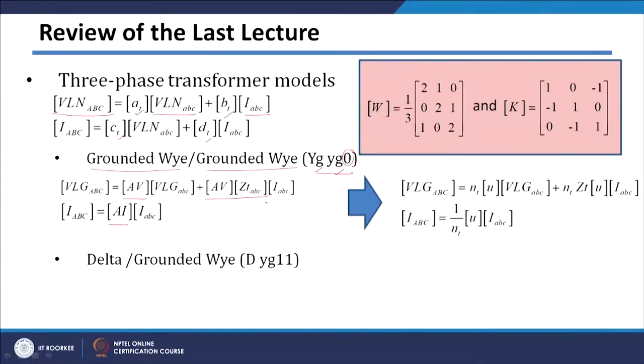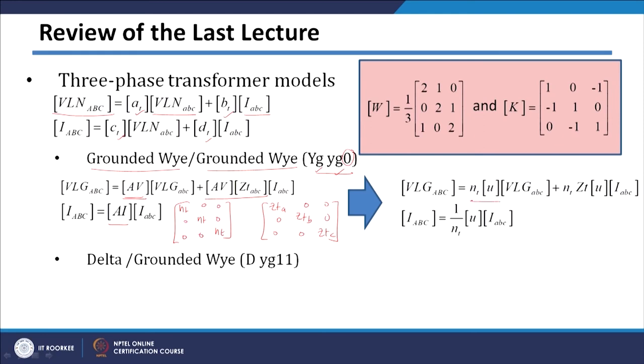And for that, ZT ABC is basically a matrix of ZTA, ZTB and ZTC, which are the impedances in all 3 phases, and if you consider them equal, you can get a simplified form of these equations, where NT you can take common, because AV is also a matrix of your turns ratio, that is NT, NT, NT, which are diagonal elements. So NT can be taken out.